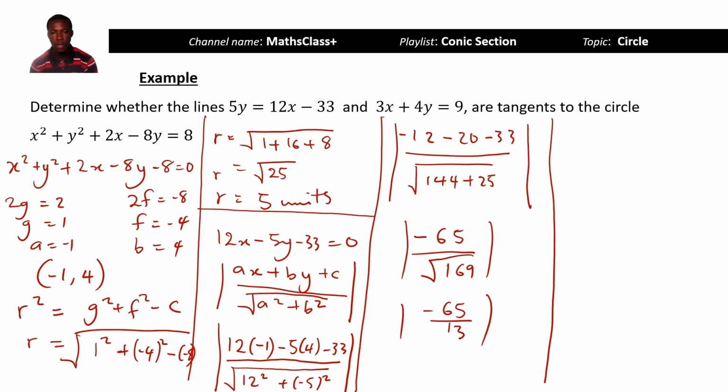Because they are in absolute values, my result is 5 units. Now comparing the length obtained and the length of the radius, we can see the line 12x minus 5y minus 33 equals 0 is a tangent. So it's a tangent. True.